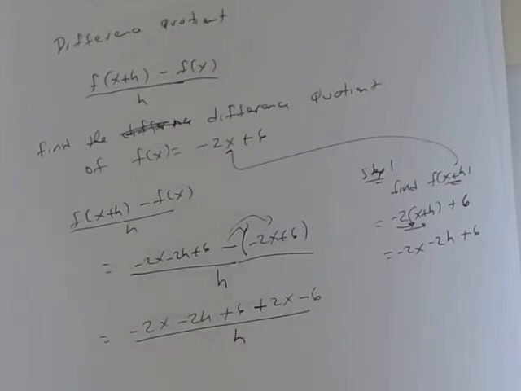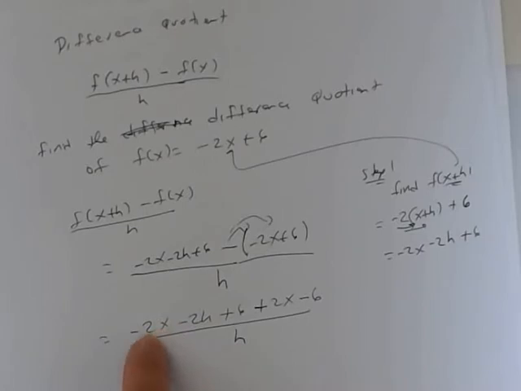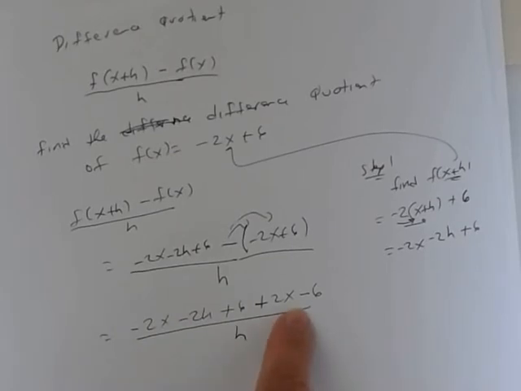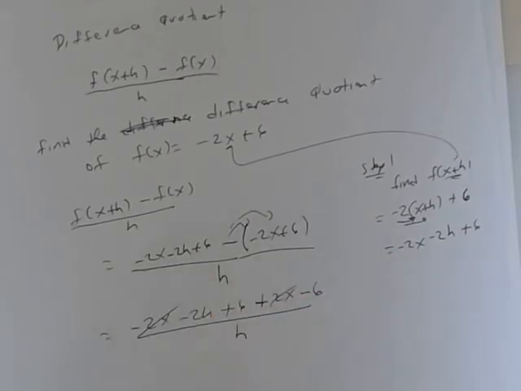Now, at that point, every term that doesn't have a factor of h in it has to cancel out. So negative 2x does not have an h in it. Does it cancel out? Because its opposite better be listed. If it's not, you did something wrong.